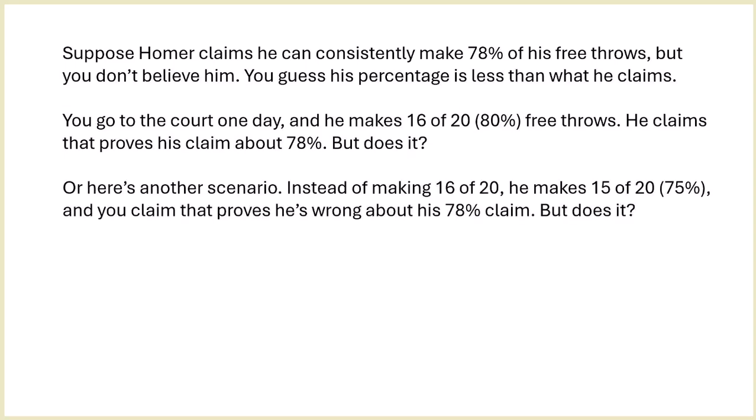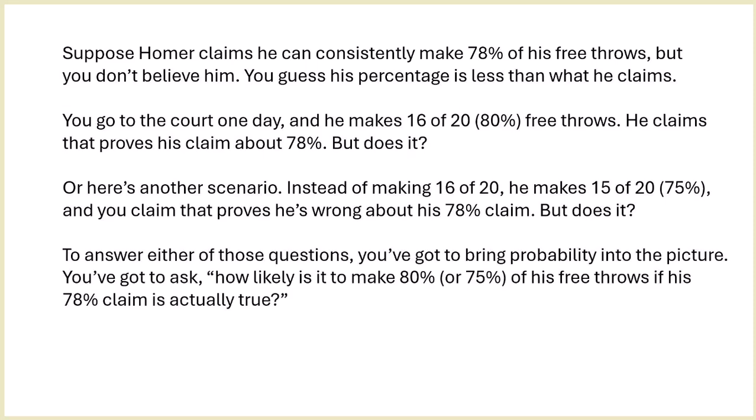All right, so another day you go out there and he makes 15 out of 20, which is what? 75%. And you go, okay, Homer, that shows that your claim about 78% is wrong. But does it show that? Not really.